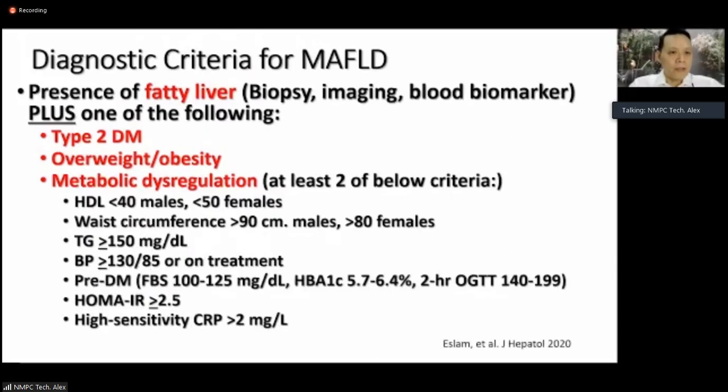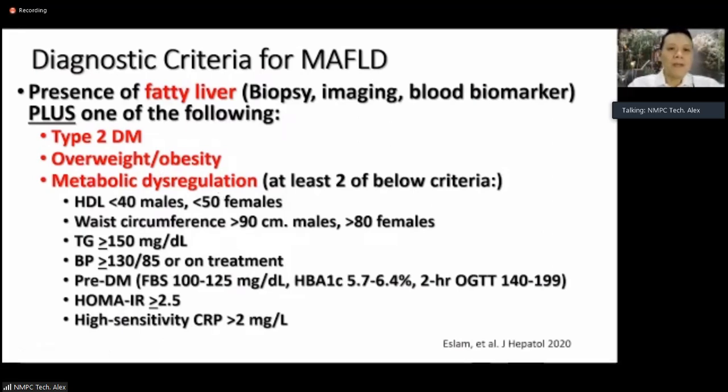So you can see here, you have to have at least one of the following: either you have type 2 diabetes, or overweightedness, or evidence of metabolic dysregulation. If you have at least one of these risk factors, then you have already clinched your diagnosis.